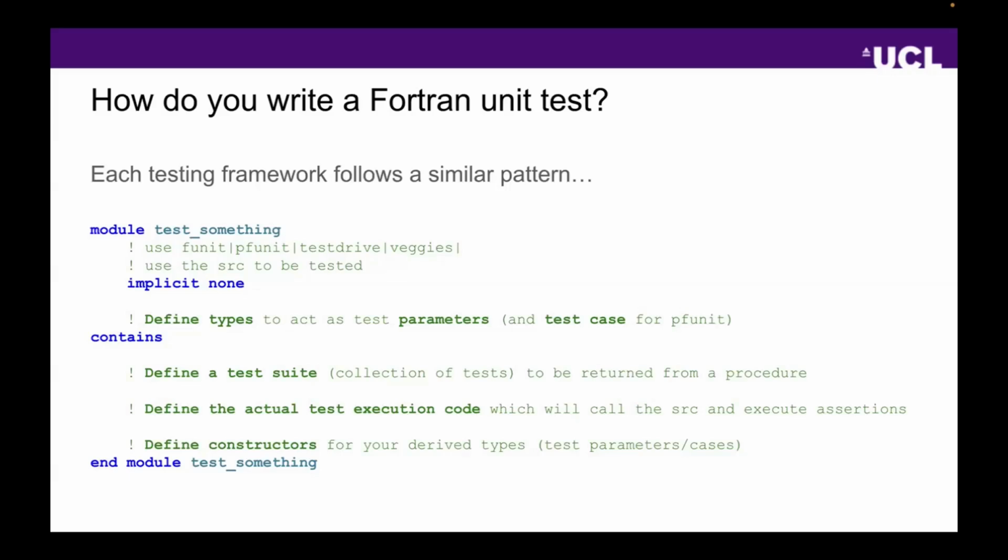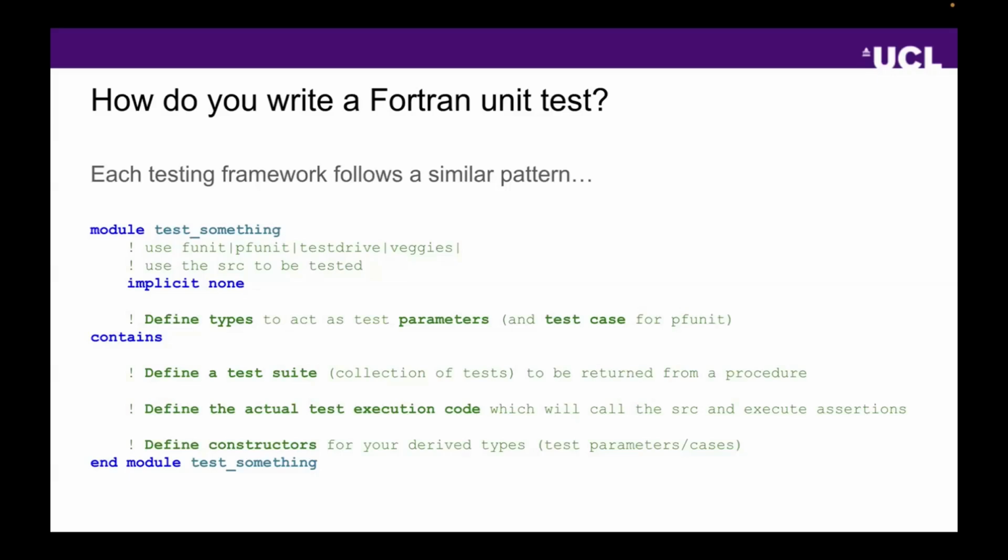So the test suite defines the collection of your parameter sets. If you want to test some edge cases, for example, you've got some numerical code which you're passing some raw values, negatives, large numbers, you could define different tests in different parameter sets. You would define that with a test suite. You would then have a section which is your test execution code.